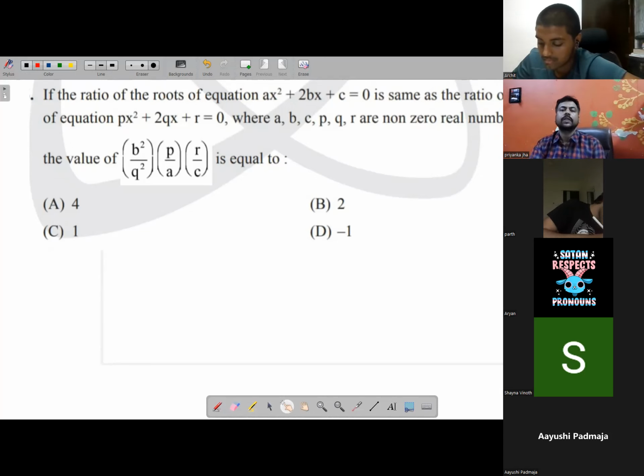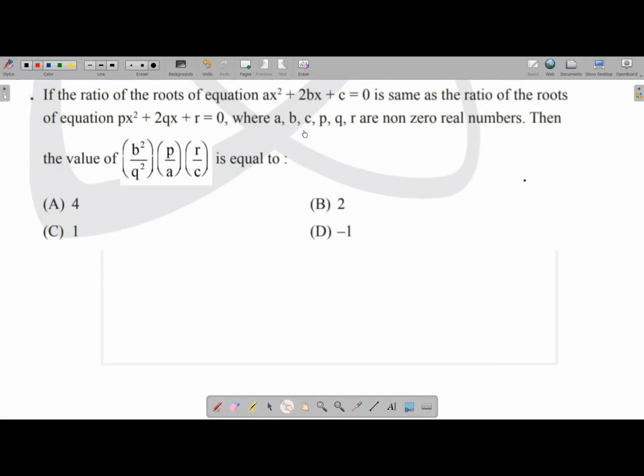Yeah, sure. See, the question says that the ratio of the roots of this equation is the same as the ratio of the roots of this equation. We have two equations, ax square plus 2bx plus c equal to 0 and px square plus 2qx plus r equal to 0.